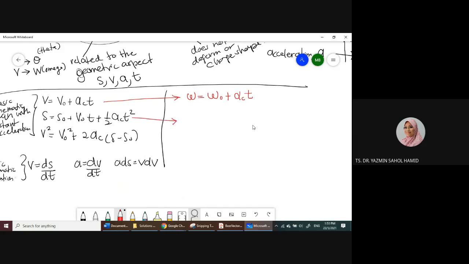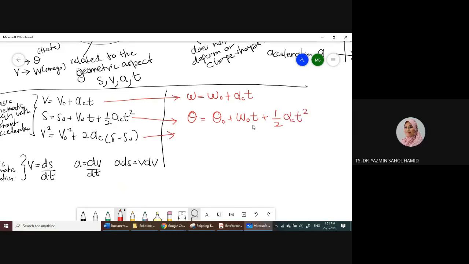So try to change all the others. This one, S becomes theta, equals to theta naught plus omega naught t plus half alpha t squared. Okay, same thing.